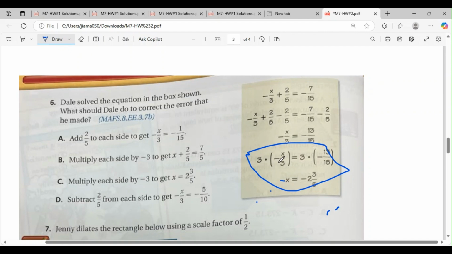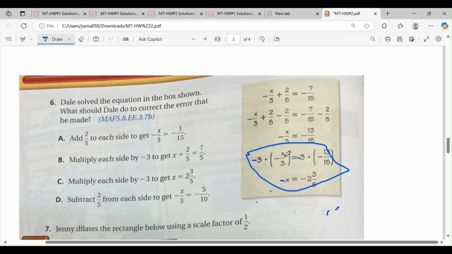But we can see that there are two negative signs on both sides. So if we multiply by -3, it will be easier to find the answer.